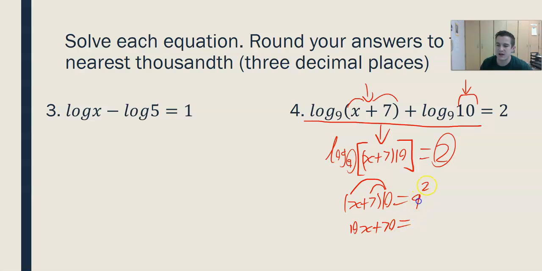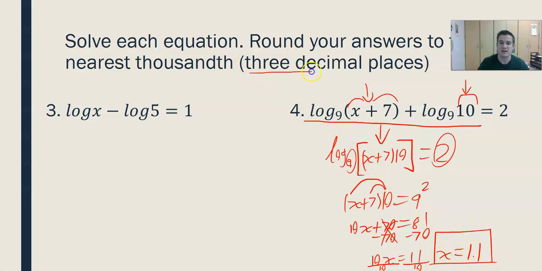On this side, I'm going to have 9 squared, which is 81. So I want to get all my x's on one side, all my numbers on the other side. So I'm going to subtract 70 on both sides and get 10x equals 11. I divide by 10 on both sides. x is equal to 11 over 10, which is 1.1.